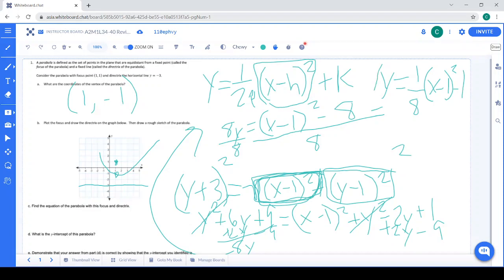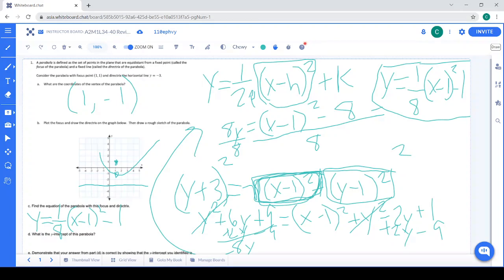And that is now my vertex form of a parabola equation. Okay? So that is y equals 1/8 (x minus 1) squared minus 1.